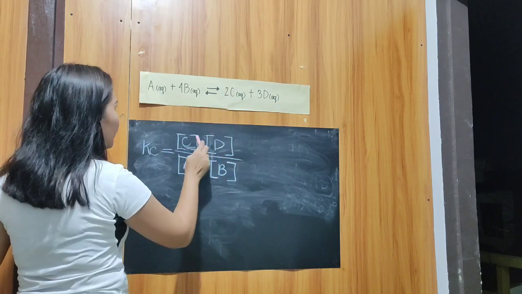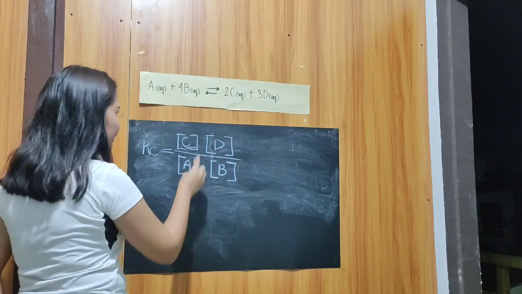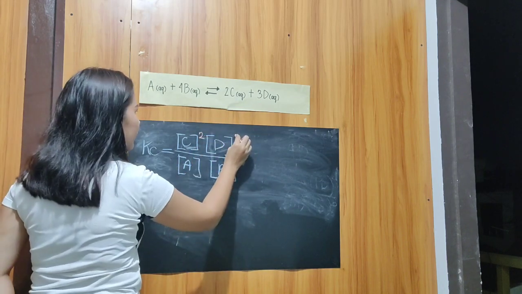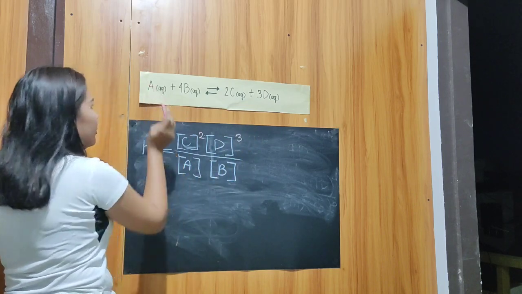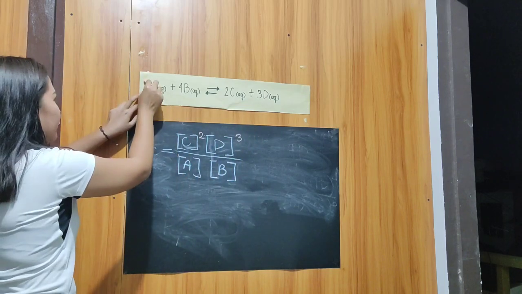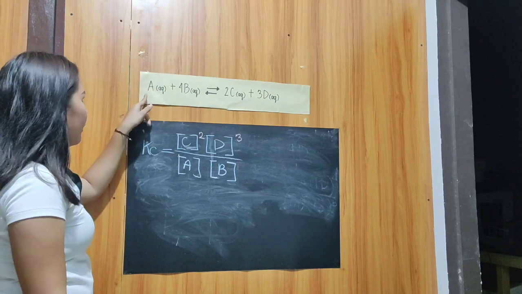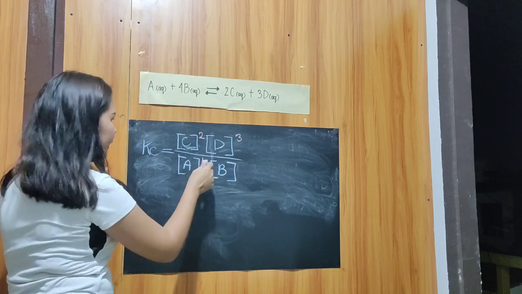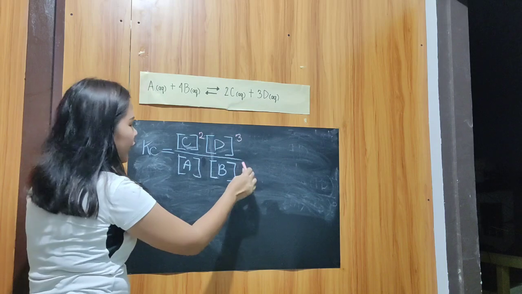First the product, the coefficient will turn to an exponent. So 2, and then 3. And then A is solid, so you don't put 1 because it's understood already. So next is 4.